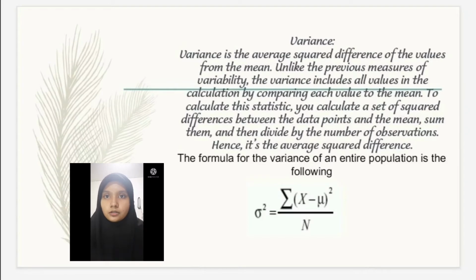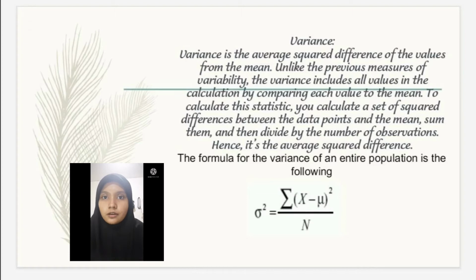Variance is the average square difference of values from the mean. Unlike the previous measures of variability, the variance includes all values by comparing each value to the mean. To calculate the statistic, you calculate the square difference between the data point and the mean, sum them, and then divide by the number of observations. Hence, it is the average square difference.